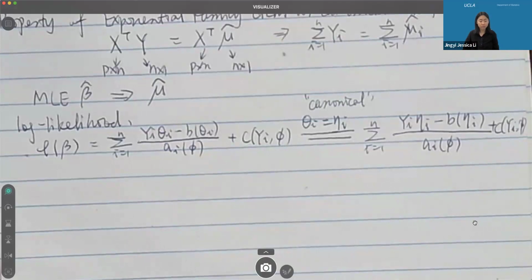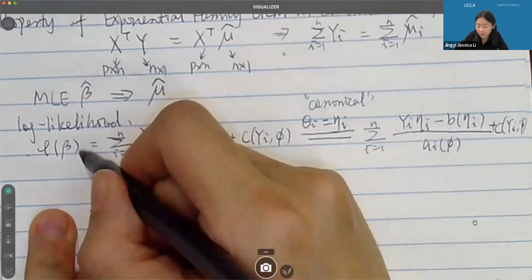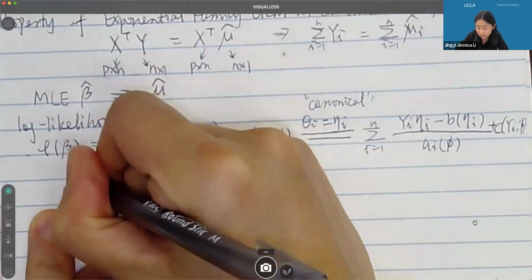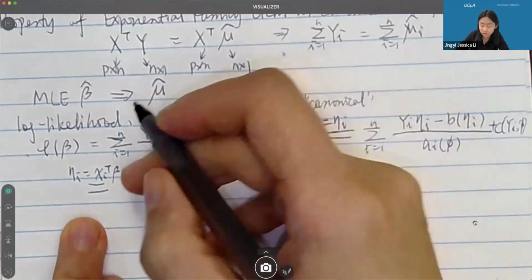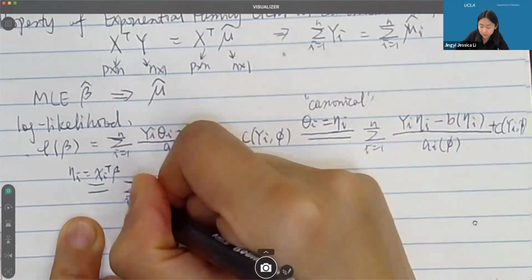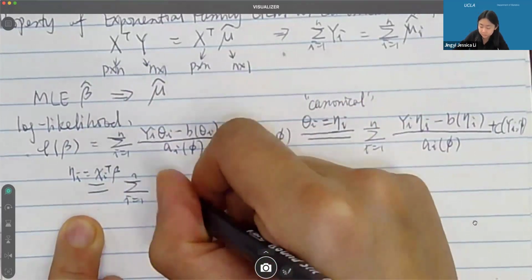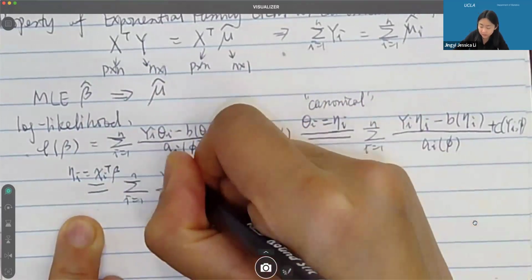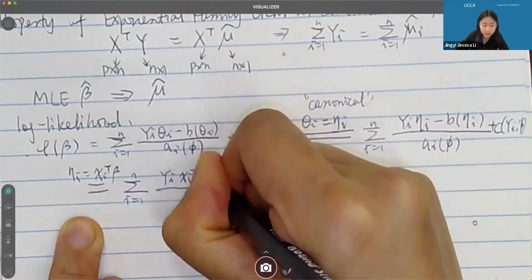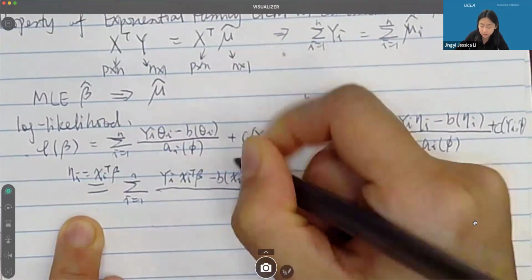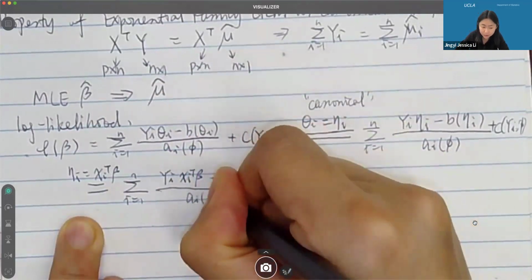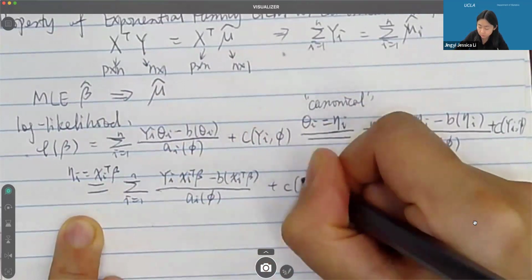Now with this, we can further go from eta i being the linear predictor xi transpose beta. So this is what we have seen before: the sum from i equals 1 to n of (yi times xi transpose beta minus b at xi transpose beta) over a i phi, plus c yi phi.